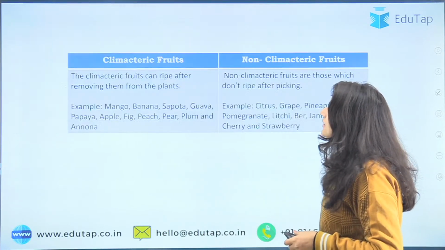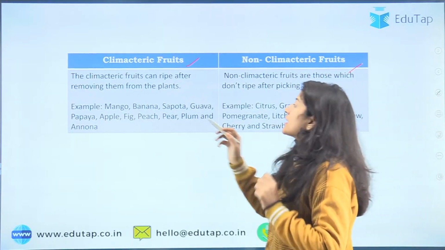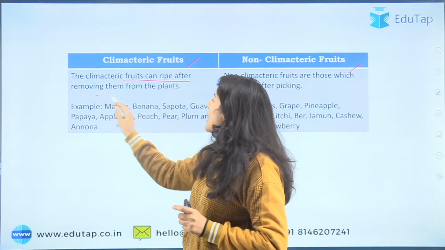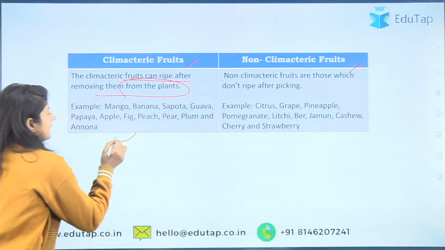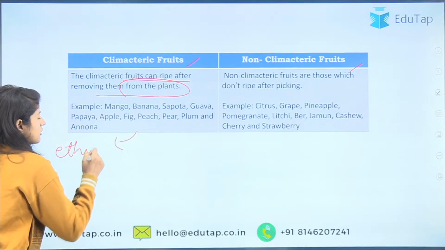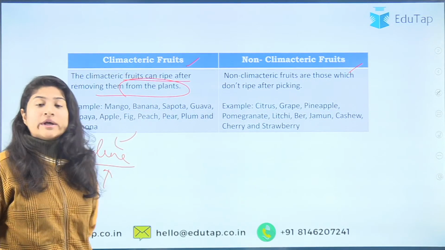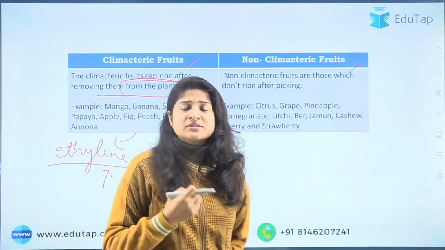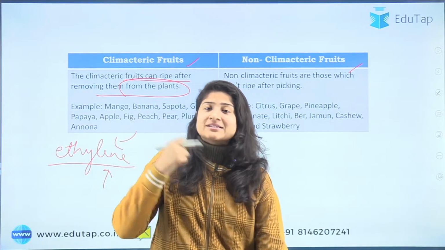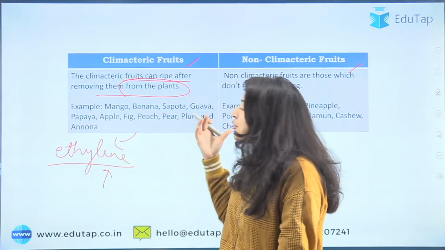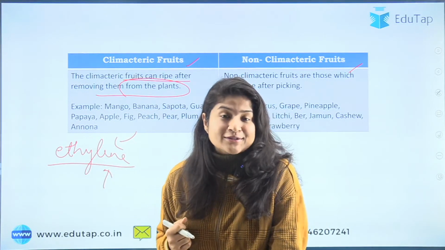Now let's understand what is the difference between climacteric fruits and non-climacteric fruits. See, climacteric fruits are fruits that can ripen after removing them from plants. The basic role here is of ethylene. This is a type of gas which helps to ripen the fruit. You must have observed, especially in case of mango, even if you have harvested it or just removed it from the plant and it is not ripe, or papaya is also a good example.